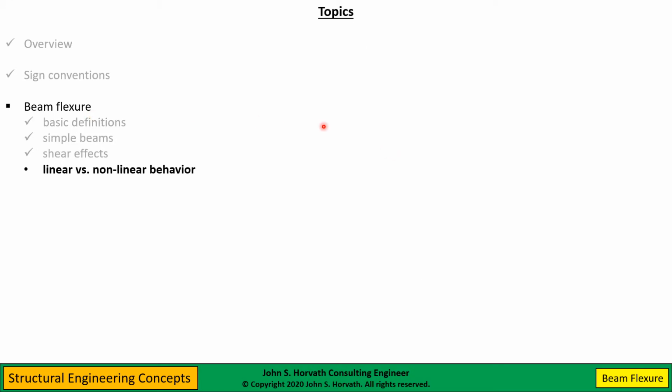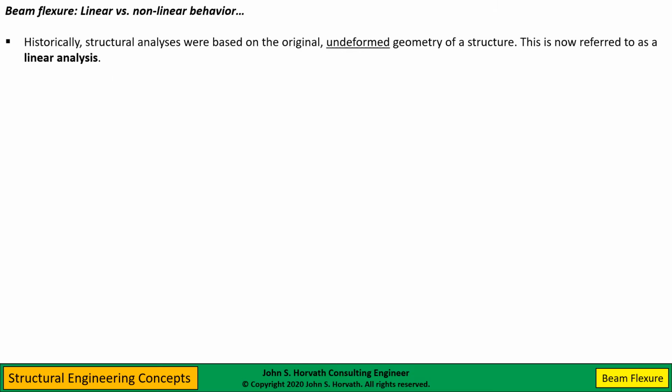I next want to talk about linear versus nonlinear behavior. Of course, historically, structural analyses were, and still are to a very significant extent, based on the original undeformed geometry of a structure. We now refer to this formally as a linear analysis.